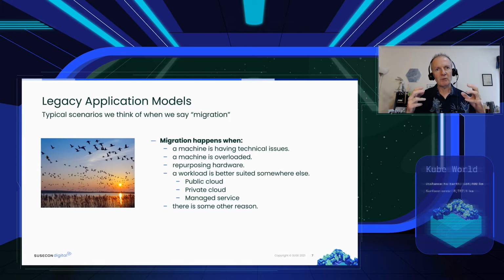The task that this application is doing is too much for that machine. And so we need to move it away from that machine and try to figure out what the problem is with the performance issues. Maybe we're repurposing hardware, or maybe the application today is better suited in a more logical location, like in the public cloud or by a managed service provider. There might be other reasons as well.